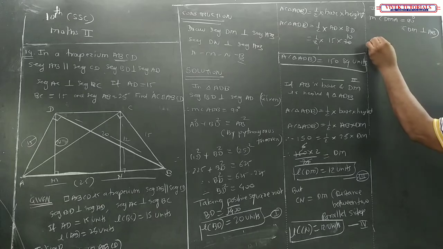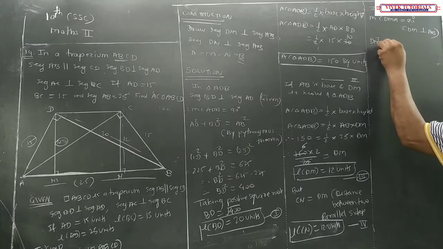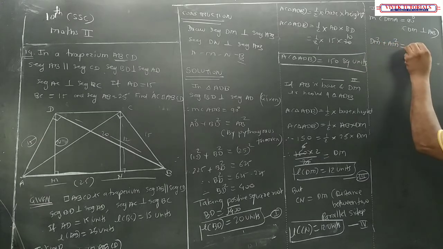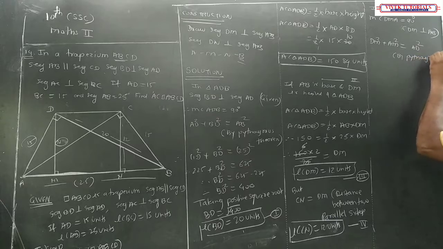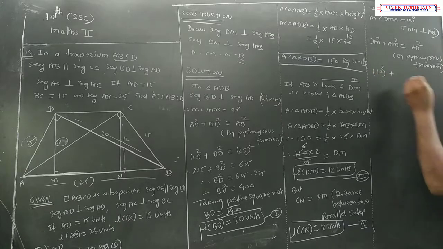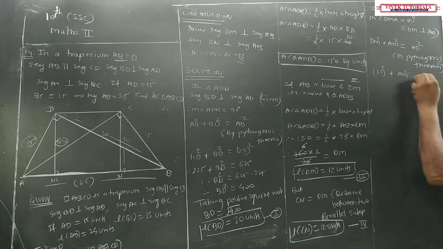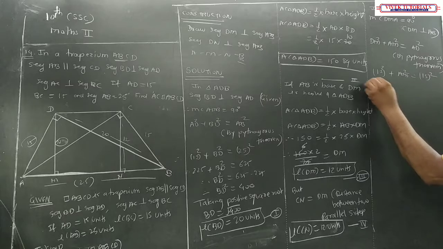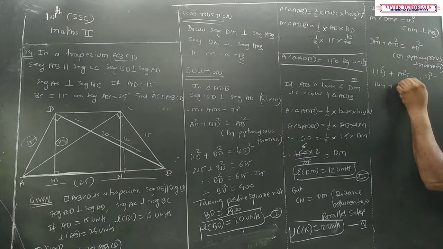So what I can write is DM square plus AM square is equal to AD square by Pythagoras theorem. So DM square is 12 square plus AM square is equal to 15 square. So 144 plus AM square is equal to 225.